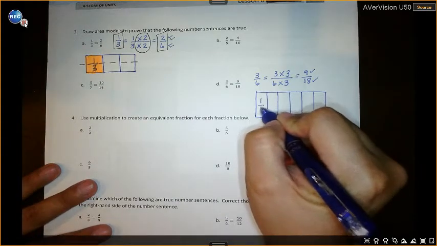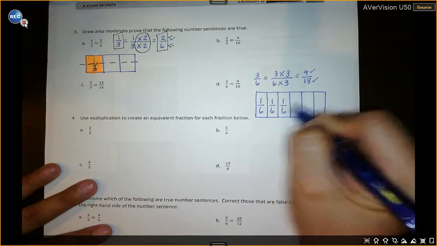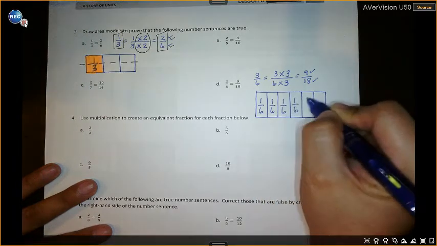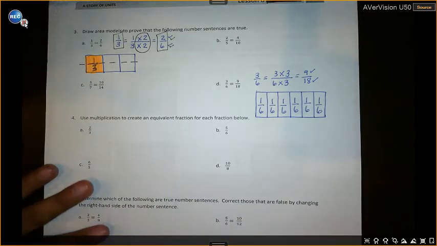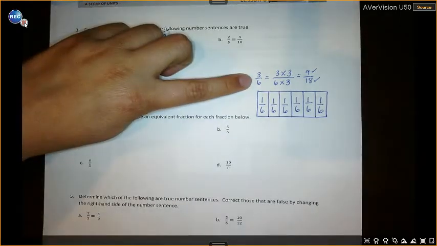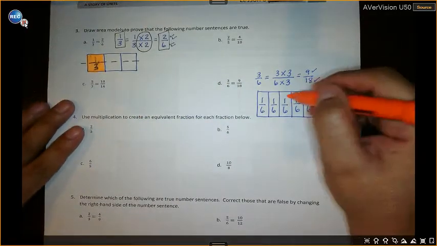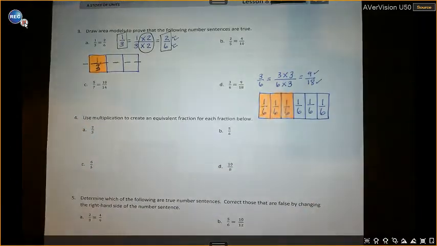This is 1/6, 1/6, 1/6, 1/6, 1/6, and 1/6. And how many do I need to shade to represent this fraction? Yes, I have to shade 3 of them. Okay, so now I've represented 3/6.